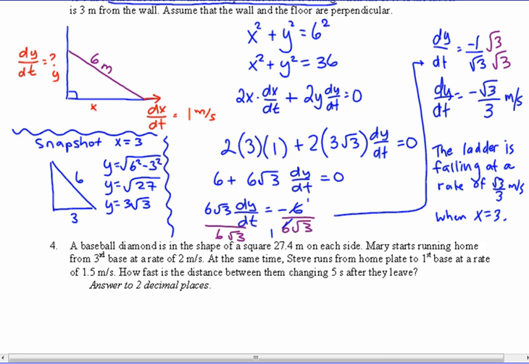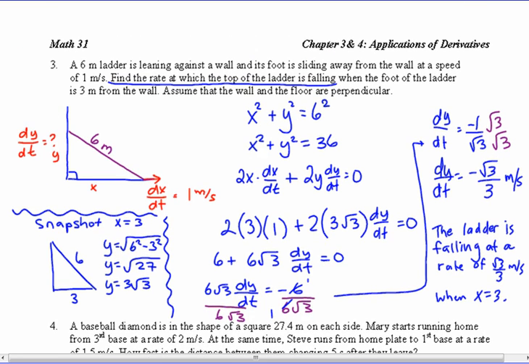Because it changes, the rate's going to change. Whatever they say, the snapshot's always going to be that specific time they tell you. So in this case, when the ladder was 3, that's our snapshot.